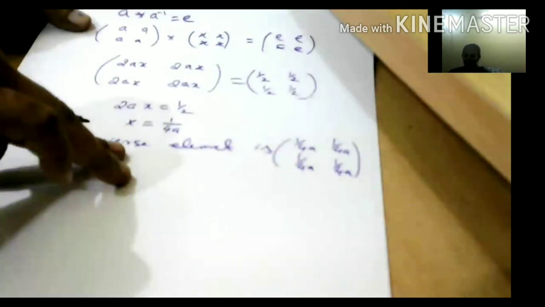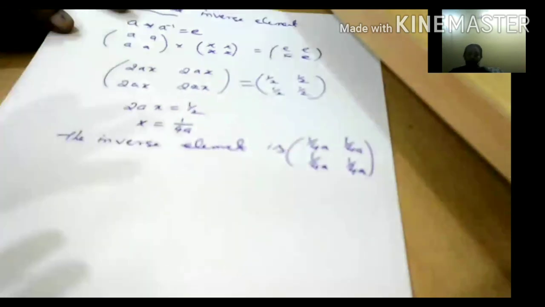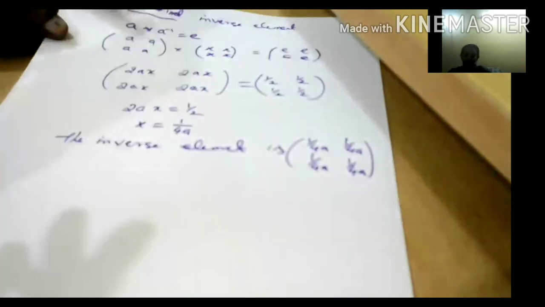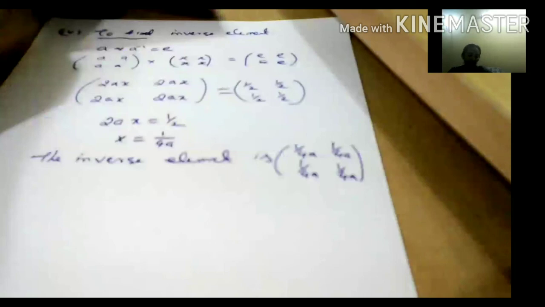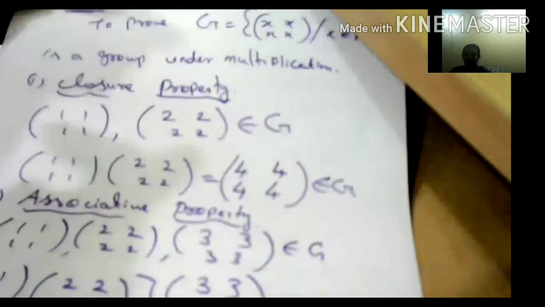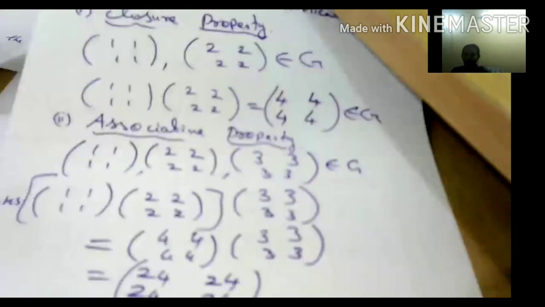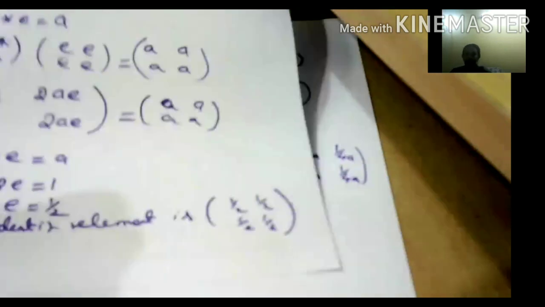Now see here, we have proved all four properties: closure, associative, identity. We proved the closure property, then the associative property, then the identity element, where we calculated E as 1 by 2.